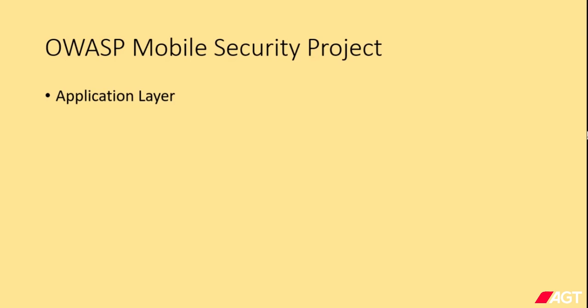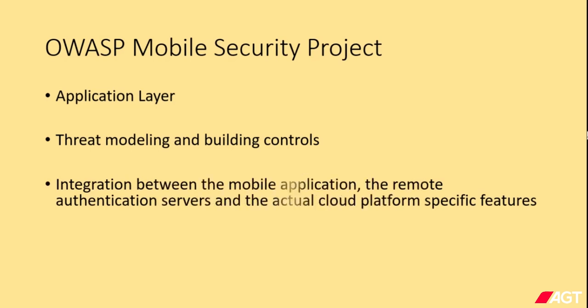Now their primary focus is at the application layer. They also take into consideration the underlying mobile platform, so the actual hardware itself, and also even the service provider risk whenever they are doing threat modeling and building controls, right? Now they also cover not only the mobile applications deployed on end user devices, but also the broader server side infrastructure which the mobile applications will communicate with.